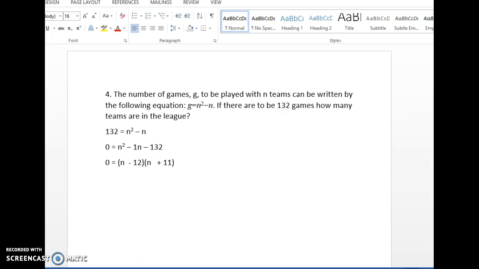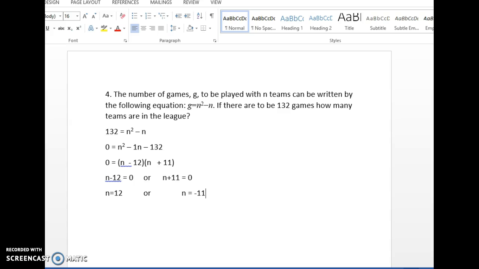So now we just set each factor equal to 0. And we get n equals 12 as one possible solution to the equation, and n equals negative 11 is the other one.